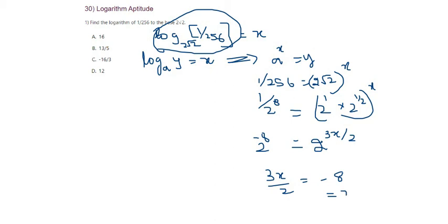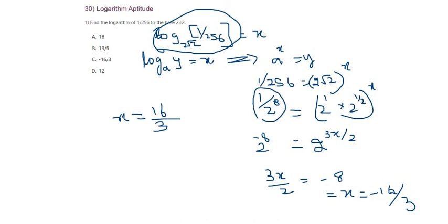And your final x value will be minus 16 by 3.